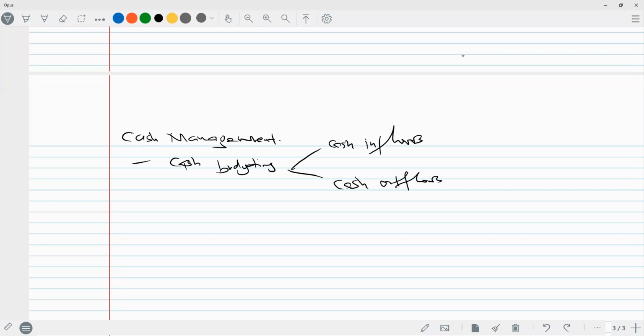Therefore, what is the amount of cash we shall be receiving, as well as the amount we shall be spending? So quantify all the cash inflow sources and all the cash outflow expenditures, both revenue as well as capital in nature. Revenue means the recurrent activities.